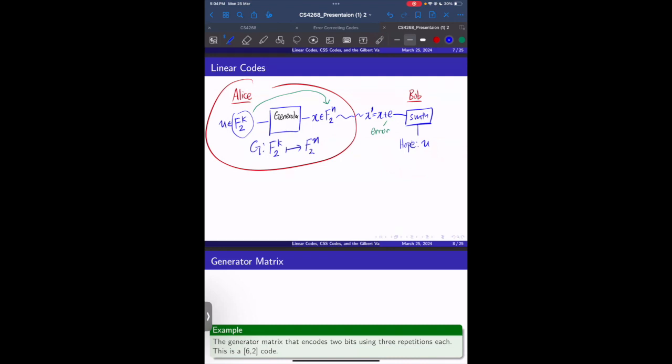So our code will just be G, we feed u into the generator matrix G. Consequently, we will call this a generator matrix. The generator matrix is just an n by k matrix whose entries are either 1 or 0.